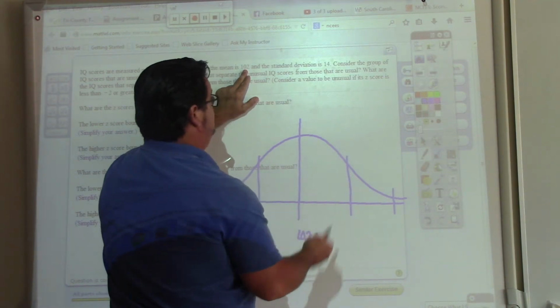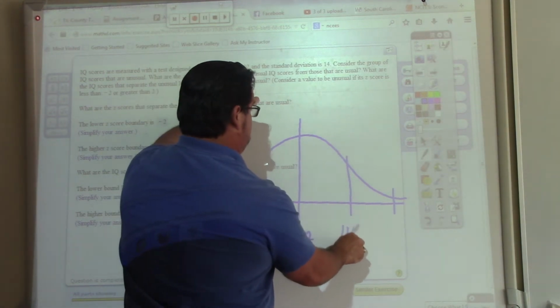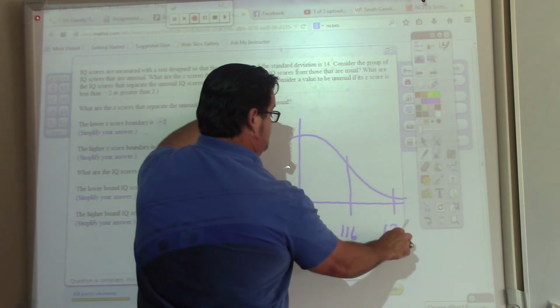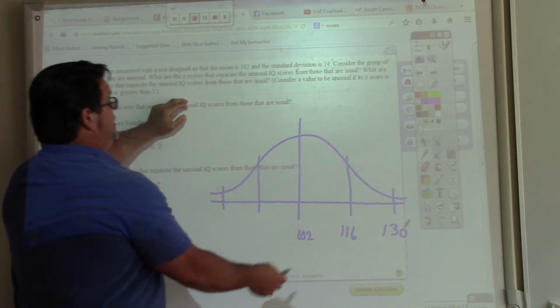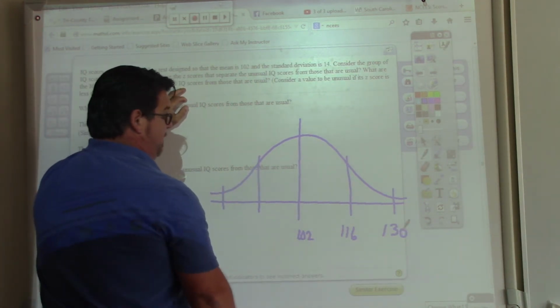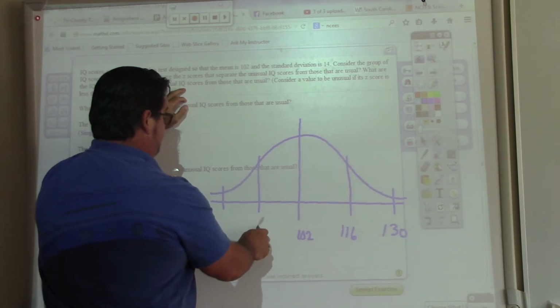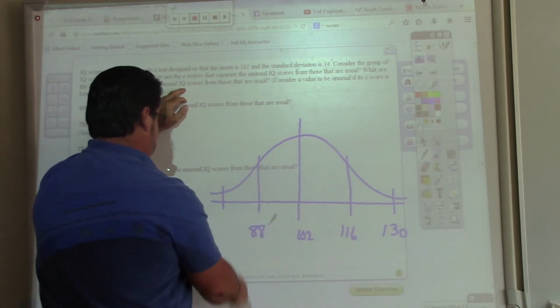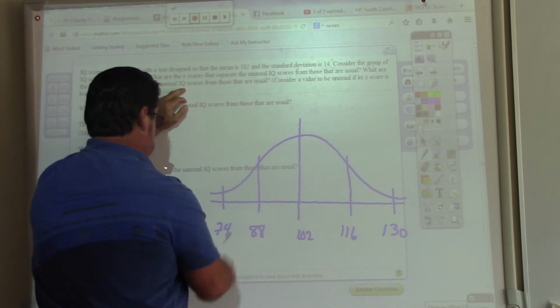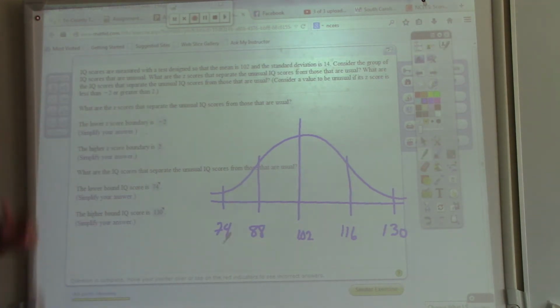And the standard deviation is 14, so that'd be 116 and 130. Y'all check me. 102 minus 14, I have no idea what that is. 88. Thank you. 88 minus 14 is 74. So, normality is between 74 and 130.